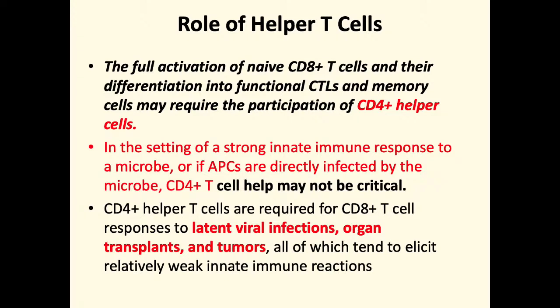The mechanism is that firstly we need to activate CD4 T helper cells, which will help CD8 T cell activation. So in latent viral infections or organ transplant, we have firstly CD4 activation and then CD8, in order to produce highly antigen-specific CD8 T cells. Okay.